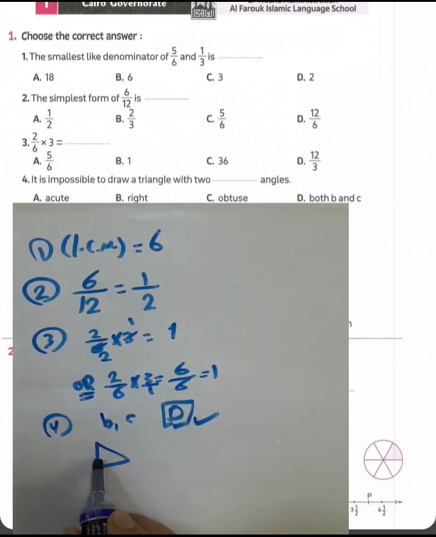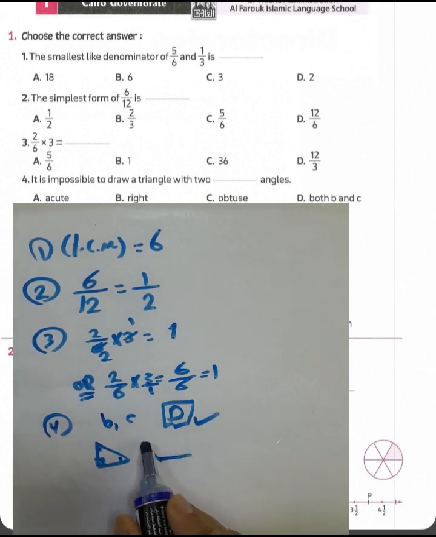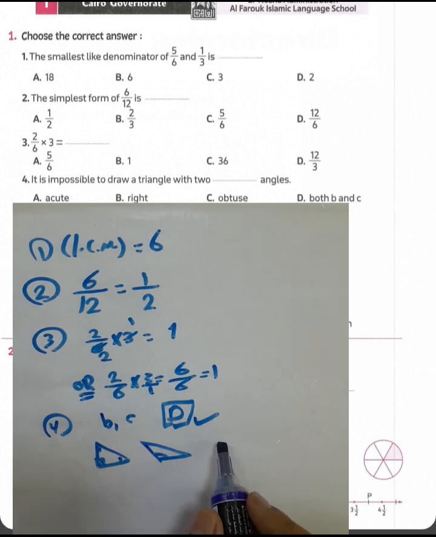We know in any triangle we have at least two acute angles. We can draw a triangle with one right angle, a triangle with one obtuse angle, and a triangle with three acute angles.